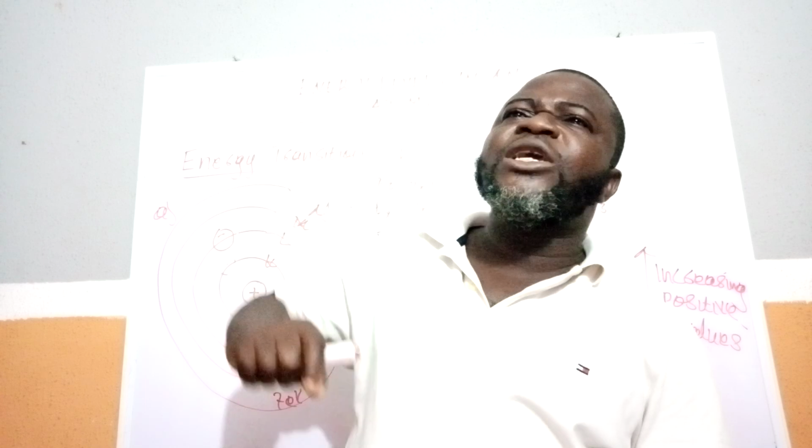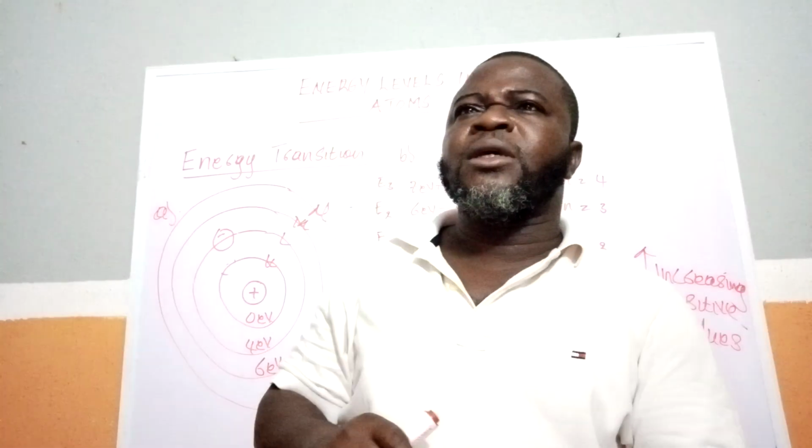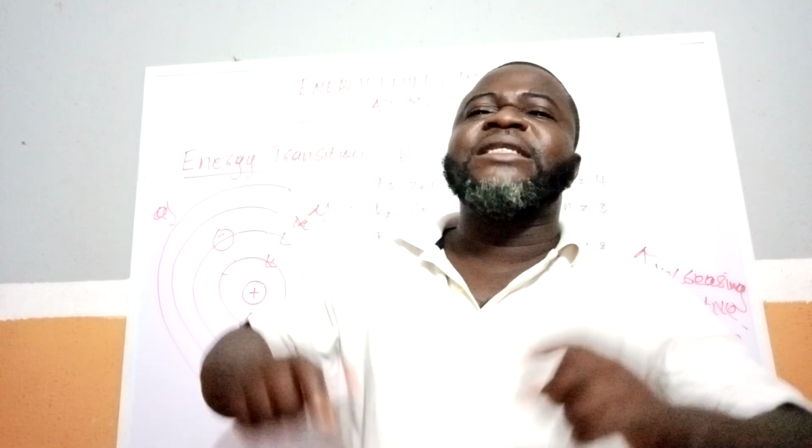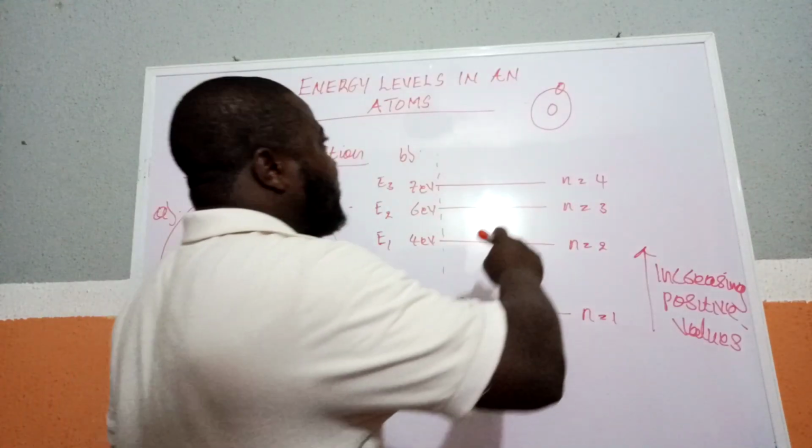Now, but let's see this. You can write, in the model of the hydrogen atom, the energy of an electron in the energy level is given by, a very, very important formula, this.